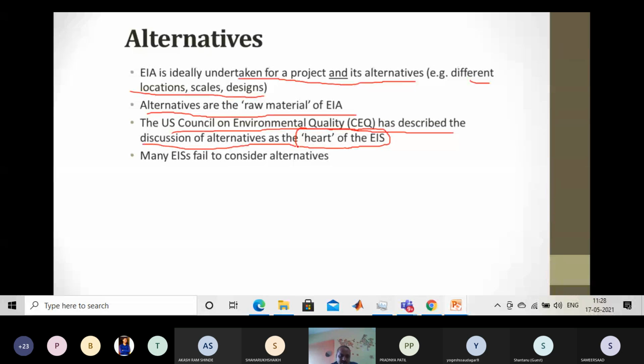But if you have 2-3 sites and perform the same workout on all three, then we can understand how effective each is for the industry with minimized loss of environment. Many EIAs fail because they are not considering the alternatives.